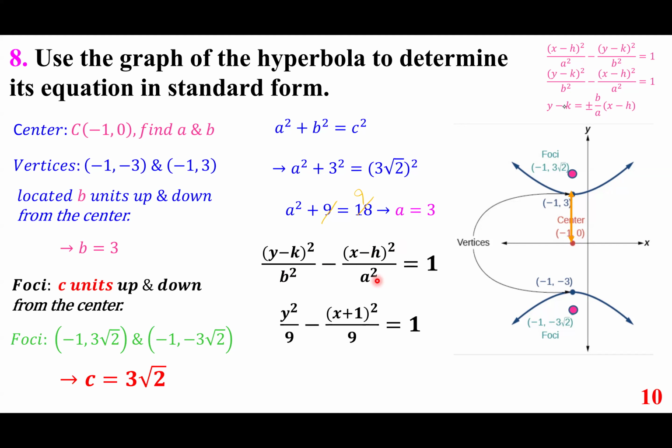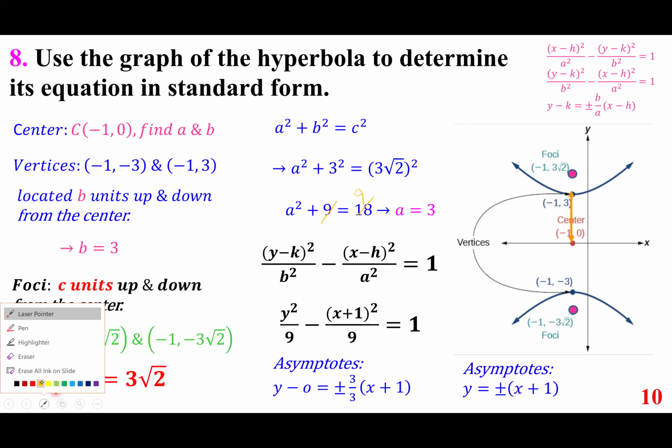As far as the asymptotes, y minus k, which is y, equals plus or minus b over a. B over a is 3 over 3, which is 1, times x plus 1. So the asymptotes are y equals plus or minus (x plus 1).